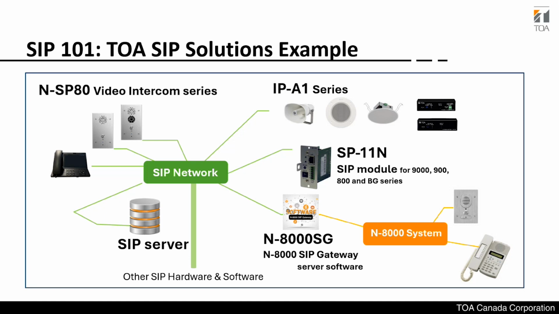Also IP1, all the IP speakers and endpoints, the SP11N module working as a standalone or part of the mixer amplifier, and of course the N8000 LSG. This SIP gateway will work as a bridge between SIP and N8000. As you can see, we have a wide variety of products that support SIP, and all of them can communicate with each other. All these products are different, but they use the SIP standard protocol, so they can easily communicate.